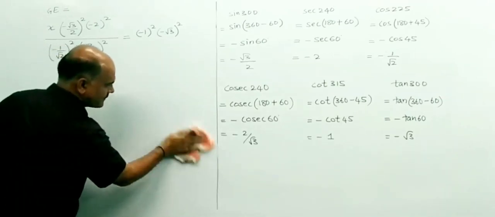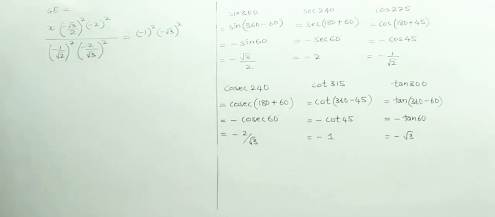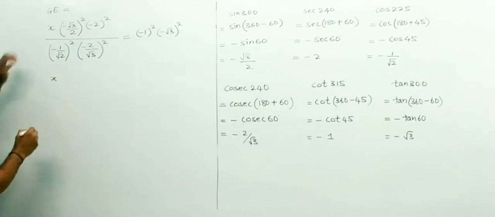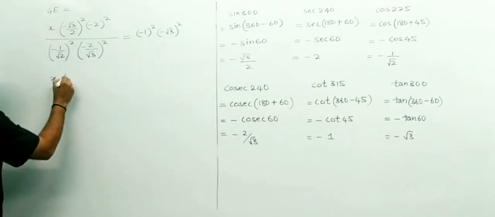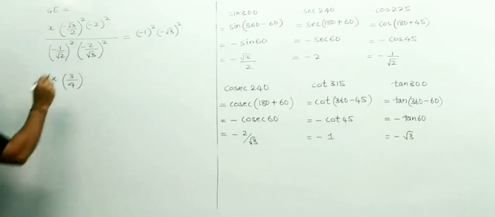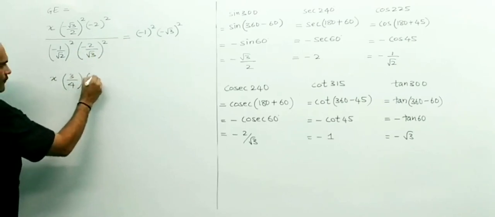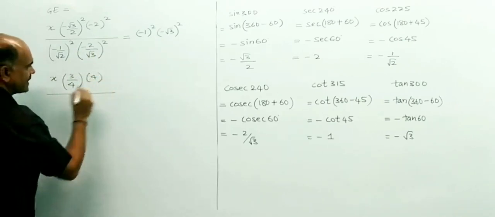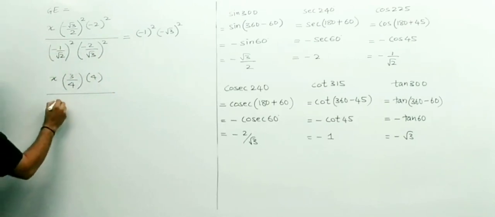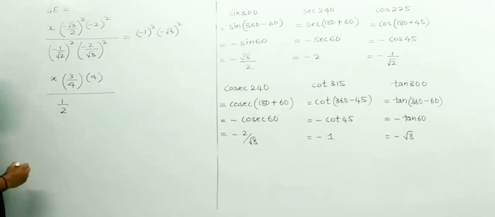So now if I simplify this expression, x into root 3 by 2 square means you will have 3 by 4. Minus becomes plus, minus 2 square you will have 4, divided by 1 by root 2 square, minus becomes plus 1 by 2.